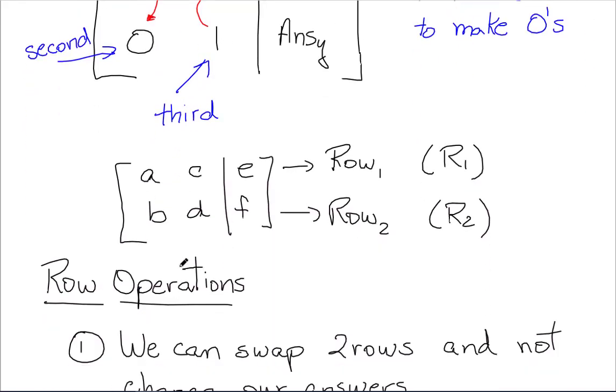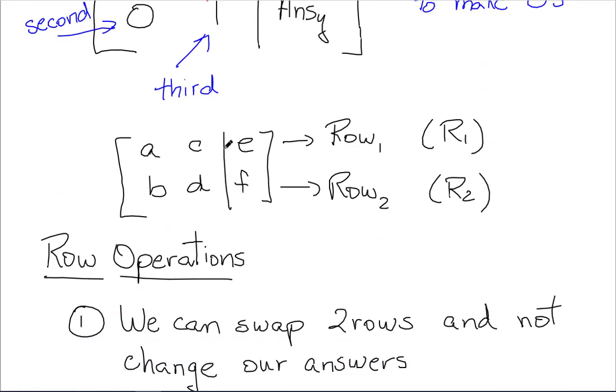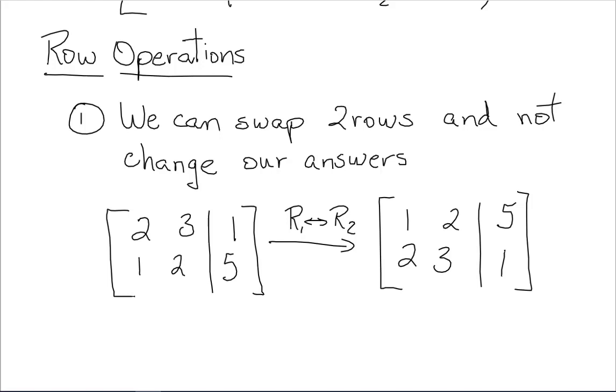Some terminology. All right, so this top row is called row 1, abbreviated as R1. This row is row 2, the second row, as R2. So let's see what kind of operations we can do. And these are called row operations because we're operating on rows.